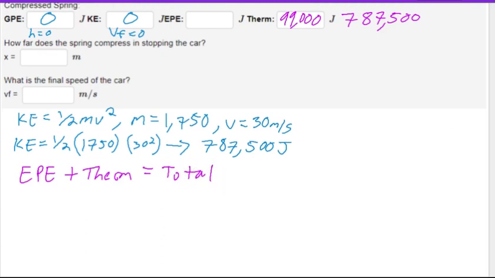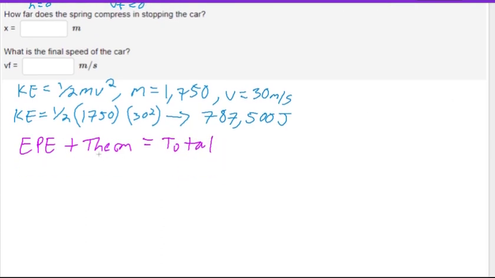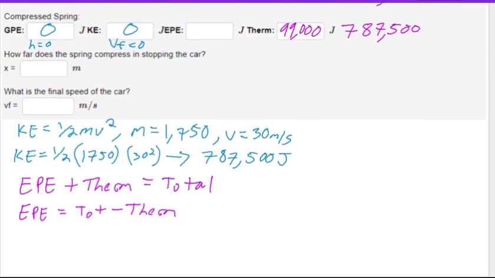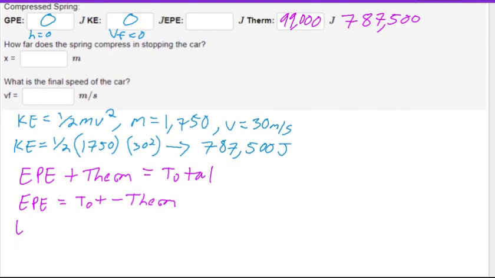And for this problem, we're trying to solve for EPE, so I'm going to subtract thermal over to the other side. So I get EPE is equal to my total minus my thermal. And now I just go ahead and plug my numbers in. So EPE should be equal to the total, which is 787,500 joules, minus the thermal, which is 99,000 joules.